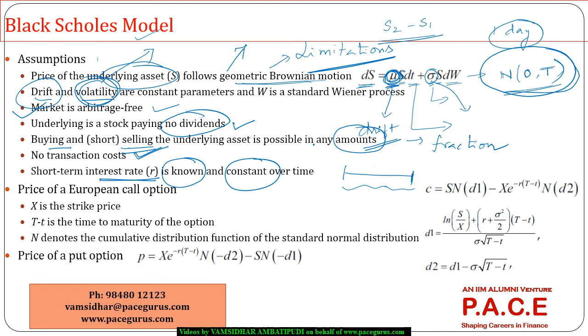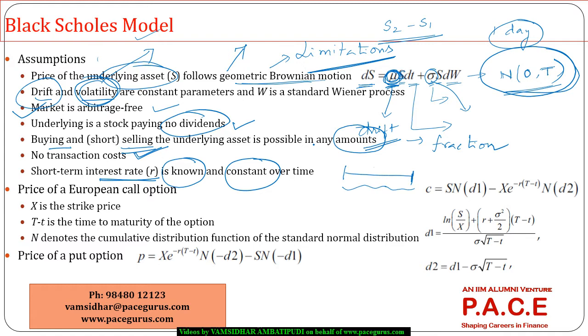Interest rates keep changing with time, so it may not be constant at all, which means this model is more appropriate for short-term options, where in a very short term there is a very small chance that the interest rate will change drastically. But in a longer term period, the interest rate can keep changing.